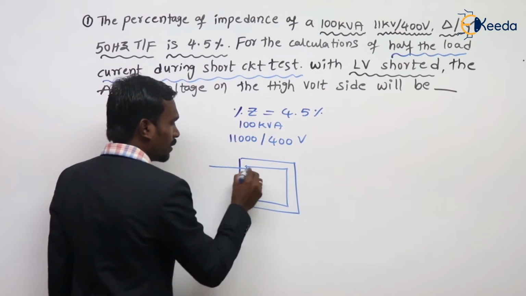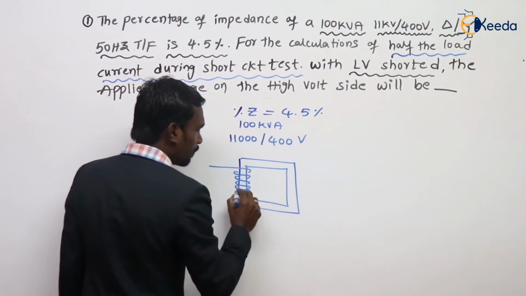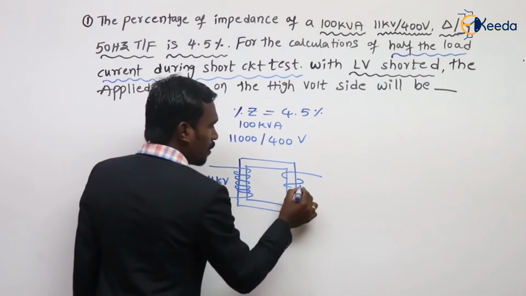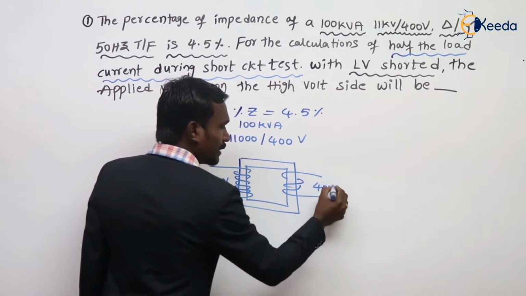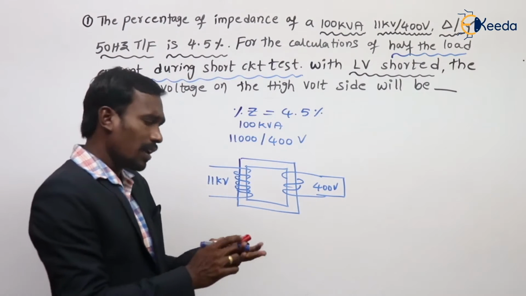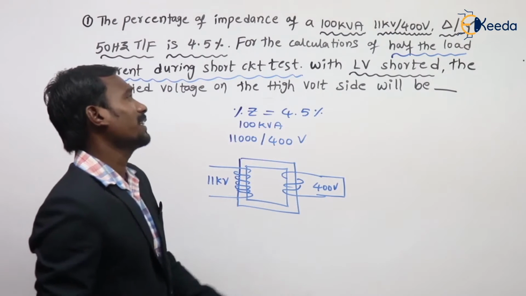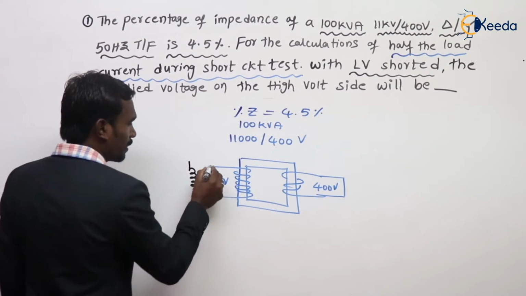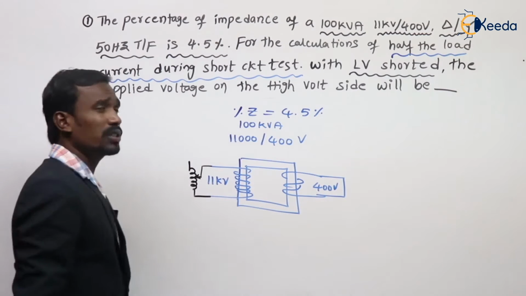This is my transformer. 11 kV on the primary side, 400 volts on the secondary side. But this 400 volts side is short circuited, and generally we conduct the short circuit test. So on the primary side we apply the voltage. This is a reduced voltage.